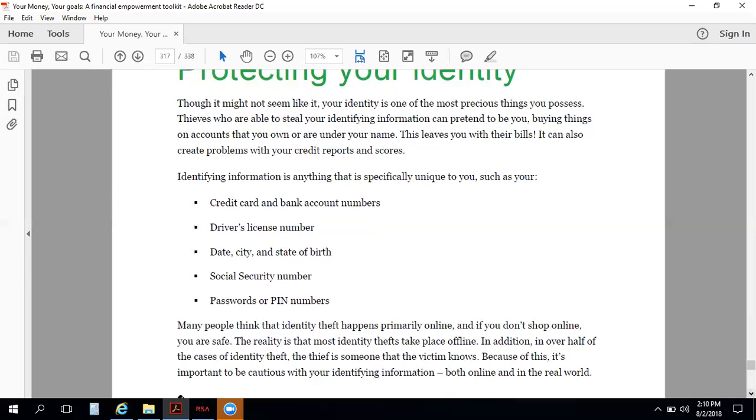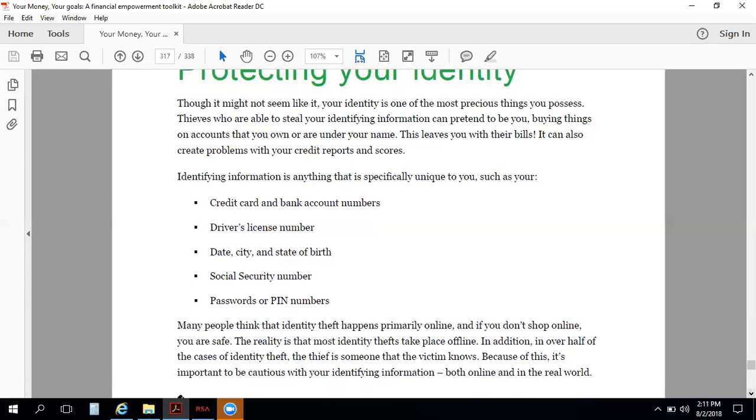I don't know if you've ever had clients who have been the victim of identity theft, but it is possible if somebody gets a hold of credit card and bank account numbers, a driver's license number, date of birth, your social security number, or your passwords.